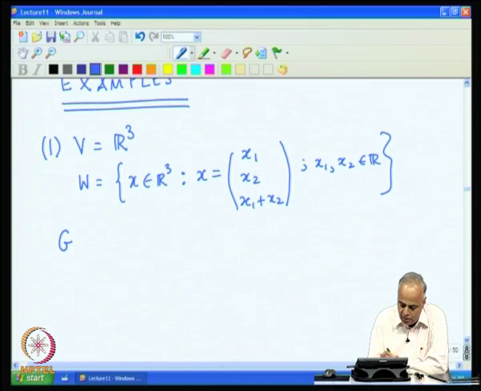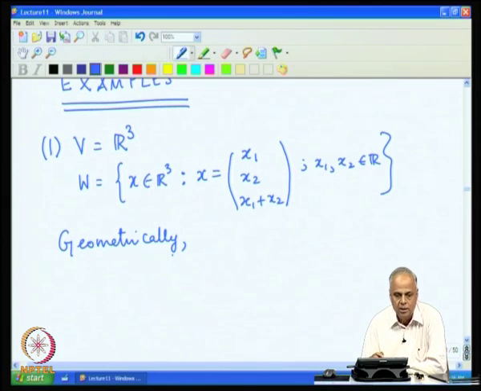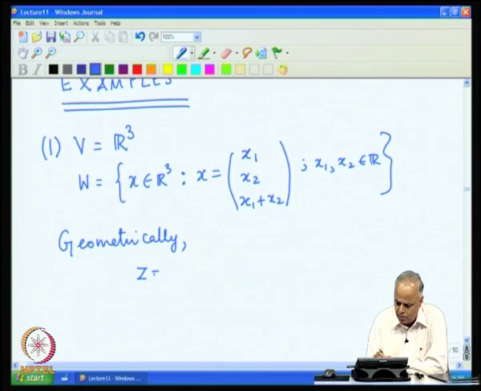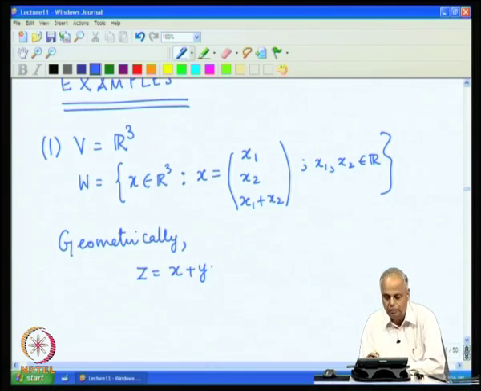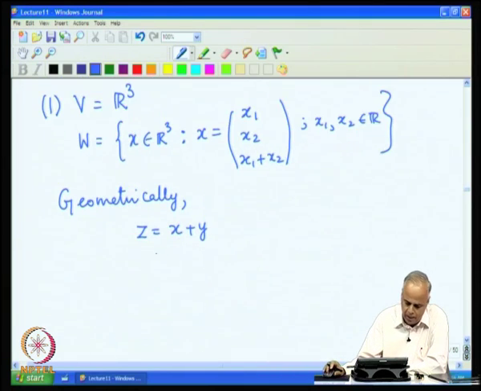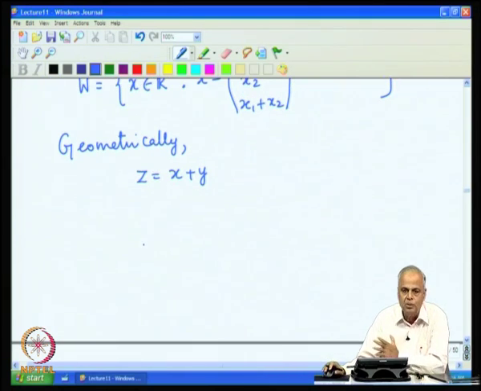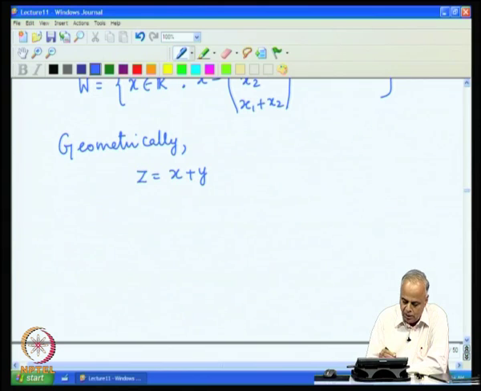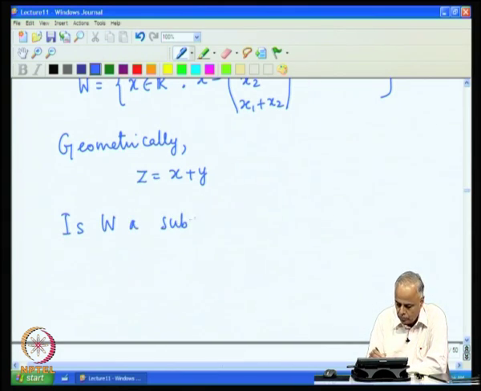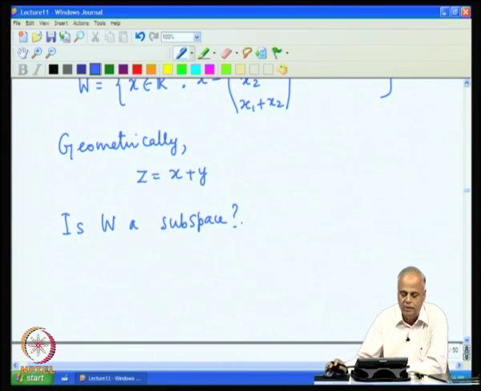Geometrically speaking, we can think of the xy coordinate system, then it is just z equal to x plus y, a plane passing through the origin. But let us do things algebraically first. Is W a subspace? For this we have to verify three things.